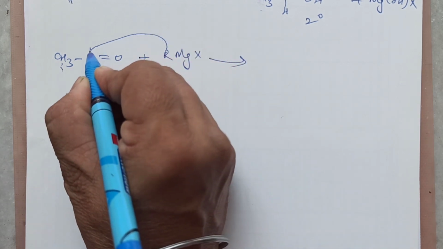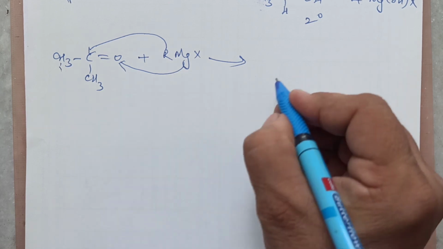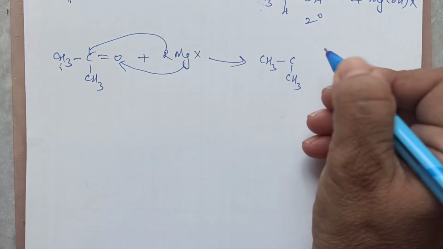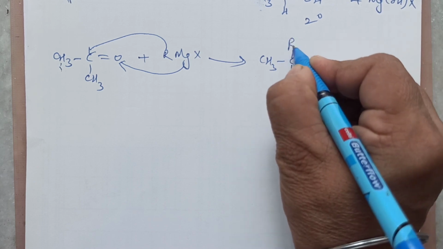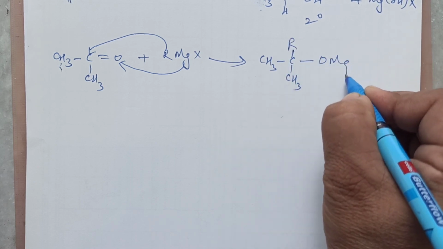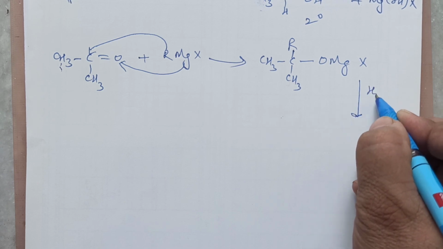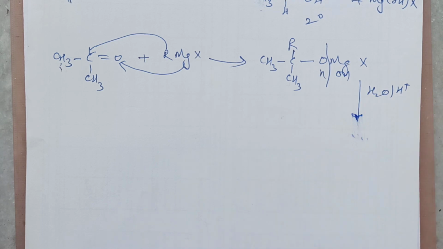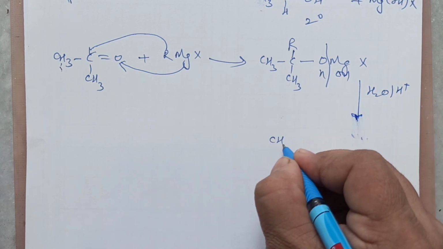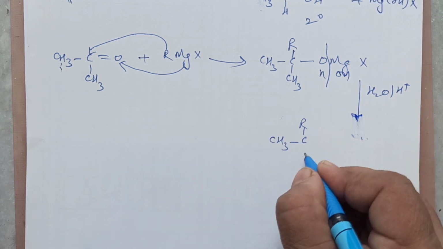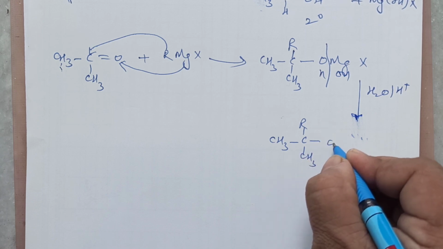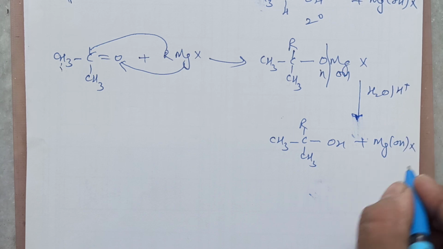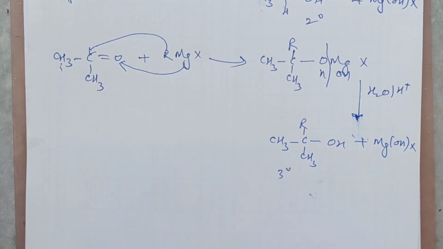This R will add on to the carbon, Mg will add on to this O. What you will get is CH3, CH3, R on the top, OMgX. Then hydrolysis occurs in the acid medium. This will break, H, OH. So when it breaks here, you will get CH3, C(R), CH3, OH plus MgOHX. That means you are getting 3 degree alcohol.